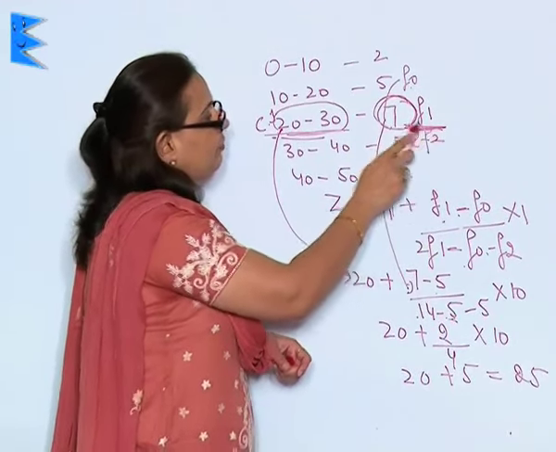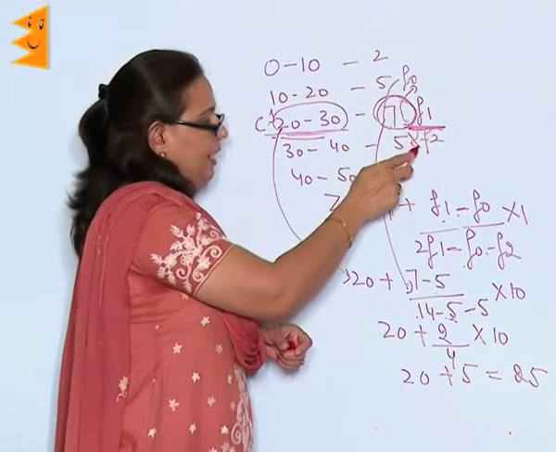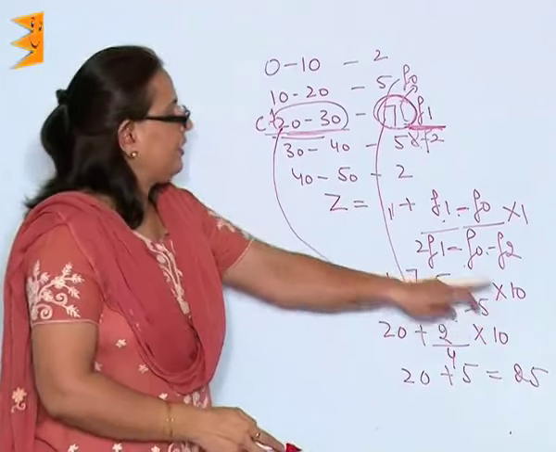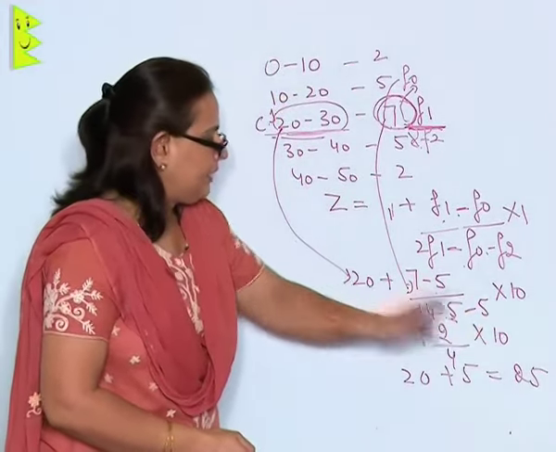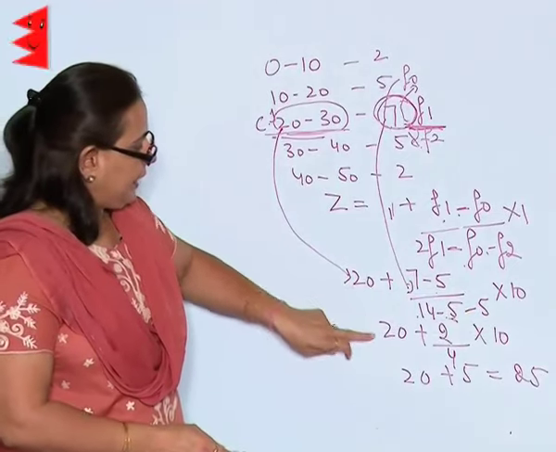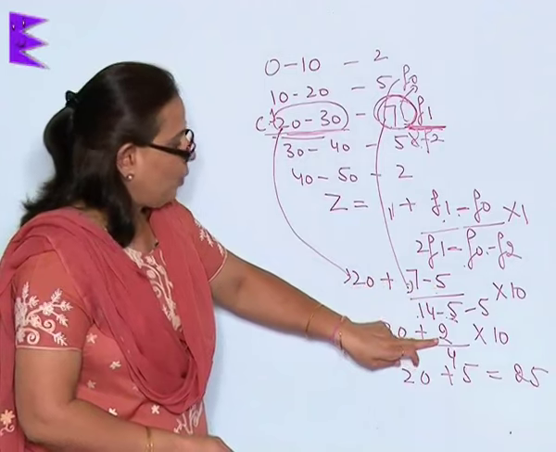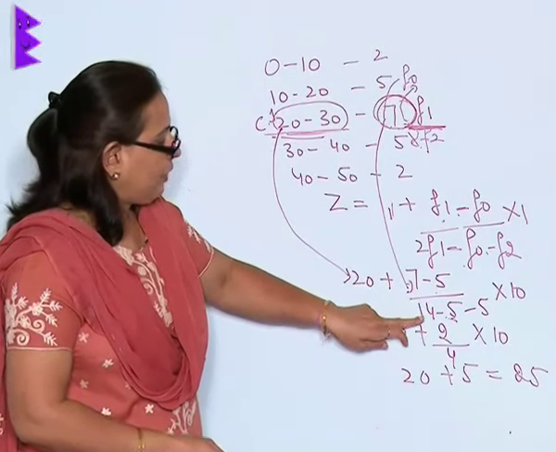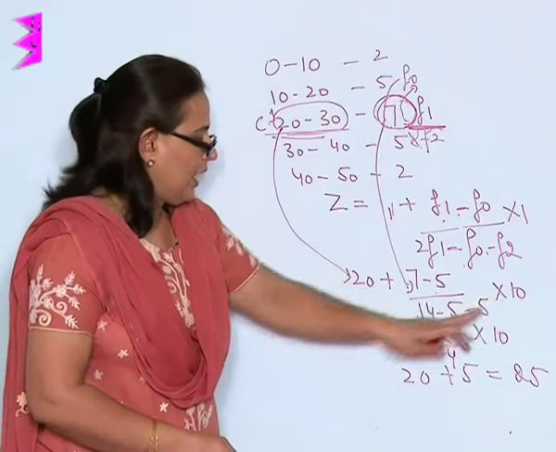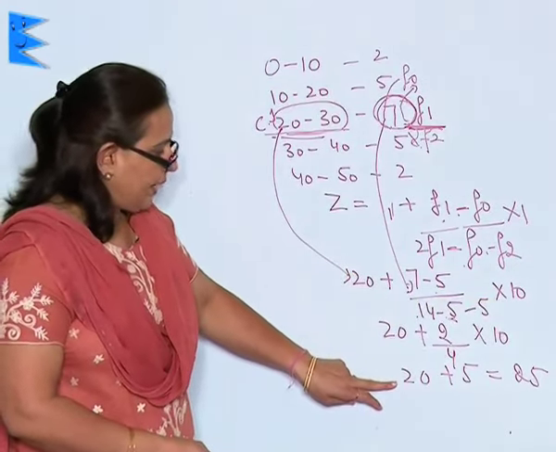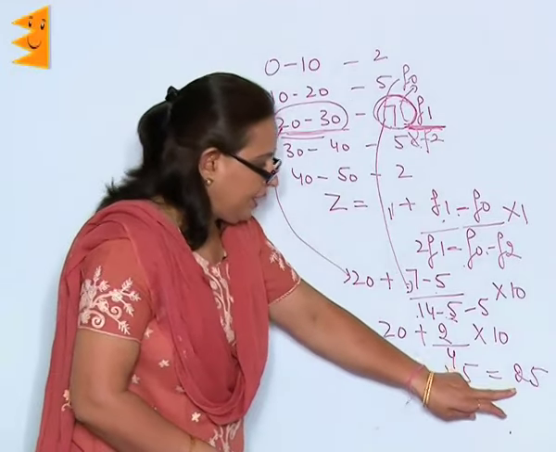Remember, if this is F1, the previous one is F0 and this is F2. Into the class interval, which is 10. So, 20 plus 7 minus 5 is 2, and upon 14 minus 5 will give me 9, into class interval, which means 20 plus 2 is giving me 22.